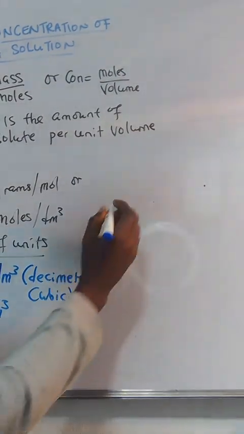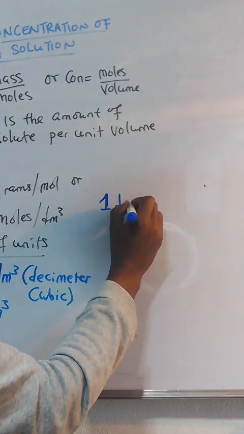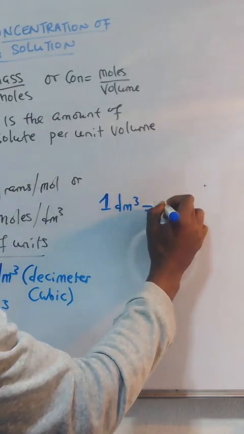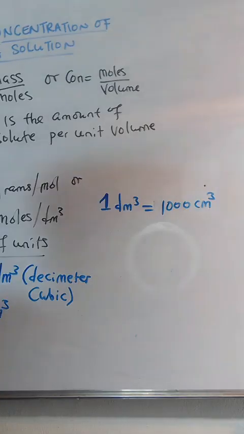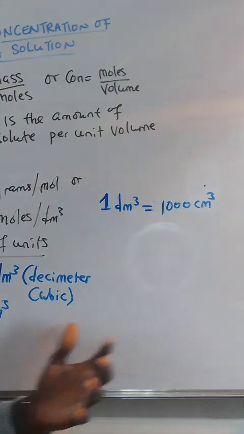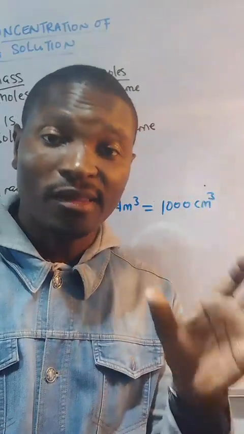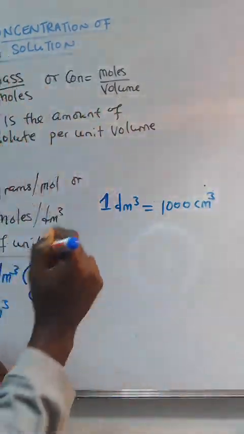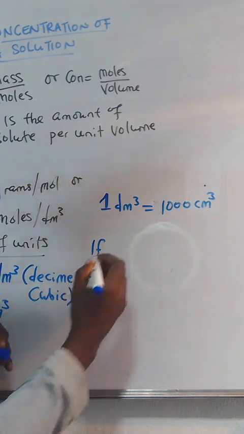So we have that 1 decimeter cubed is equal to 1,000 cubic centimeters.